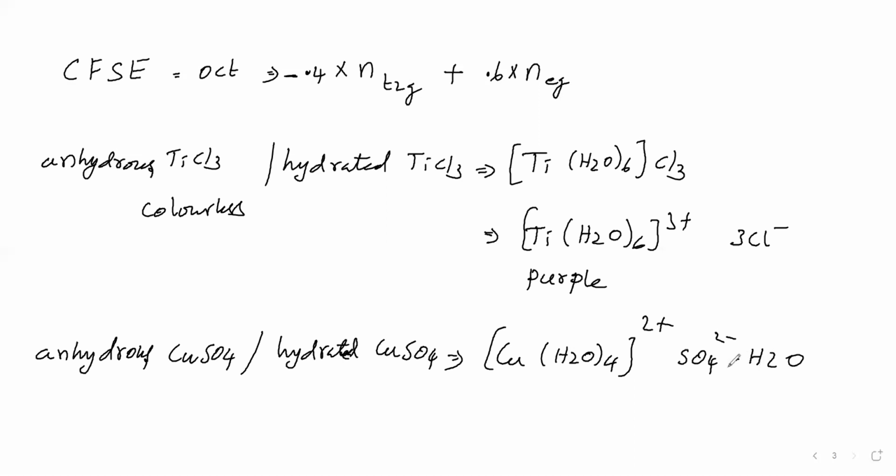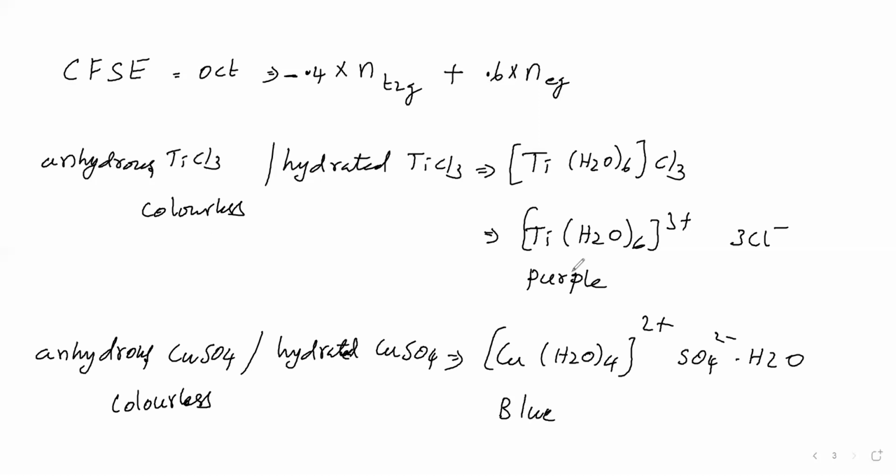This water molecule is hydrogen bonded with the sulfate. Now this complex has color. This anhydrous salt is colorless, but the hydrated salt is in complex form, so it has color.